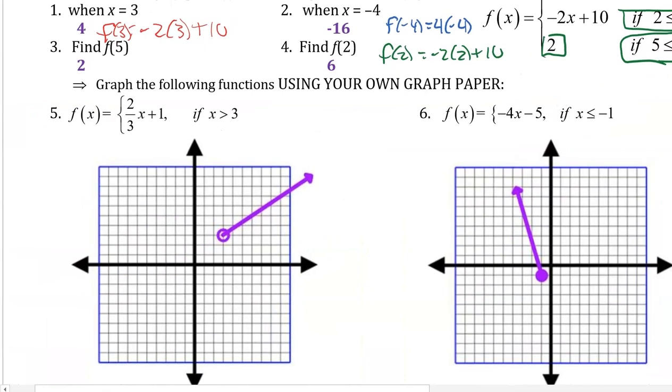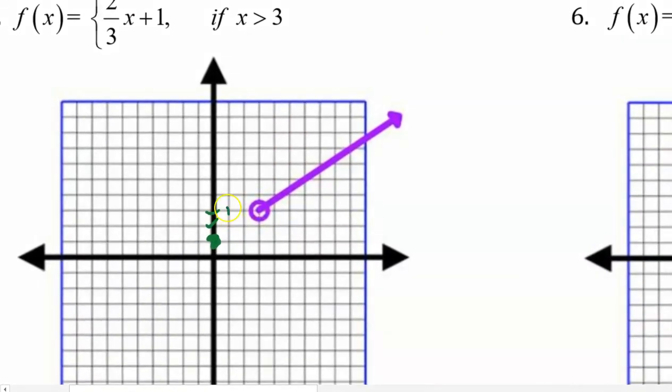f of x, number 5, equals 2/3 x plus 1. This is a linear equation with y-intercept at 1 and a slope of up 2 over 3. But f of x is not defined for x less than or equal to 3.